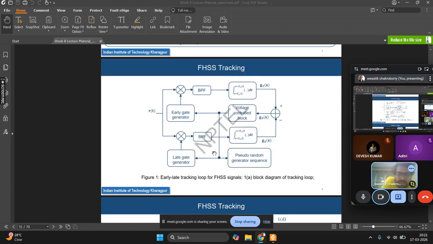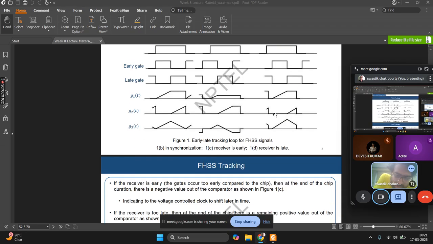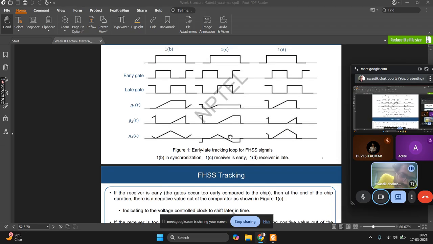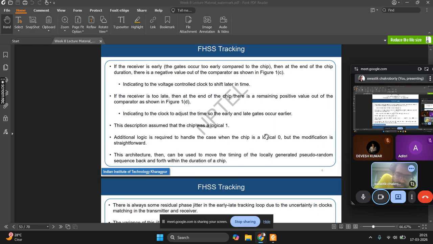So if you see, you are passing this through a comparator. G1 is the output for the early, G2 is the output for the late, and then you are passing them through this comparator. So if there is a negative tail, then it is early. If there is a positive tail like this, then it is late.